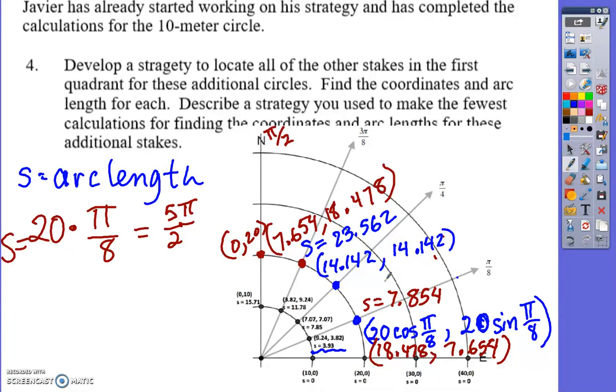And S at pi fourths is going to be 5 pi, and 5 pi is approximately 15.708. Now, I use 3 decimal places because that's what we've been trying to practice for ourselves.